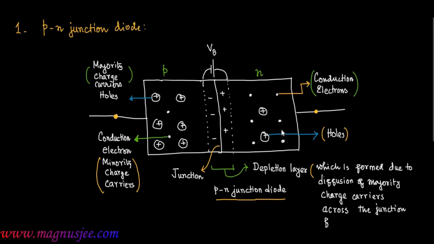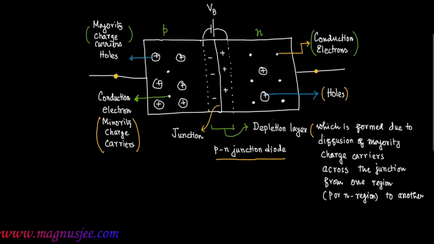Across the junction from P side to N side or N side to P side, from one region, either P or N side, to another region.